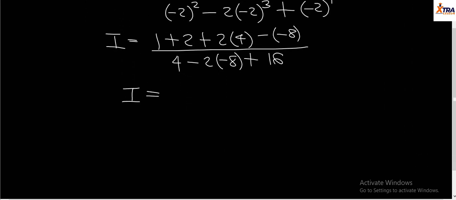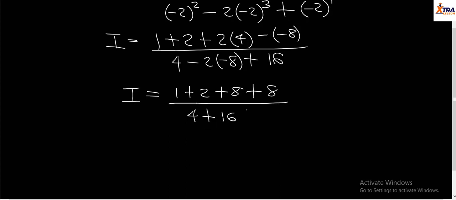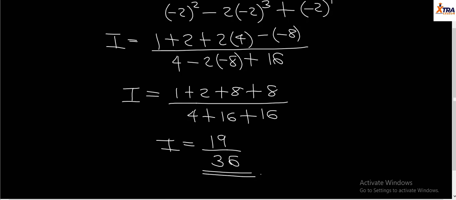My I here becomes 1 plus 2 plus 8 all over 4 plus 16 plus 16, giving my I a total value of 19 over 36. And this therefore becomes my inverse element of minus 2 of the operation asterisk.